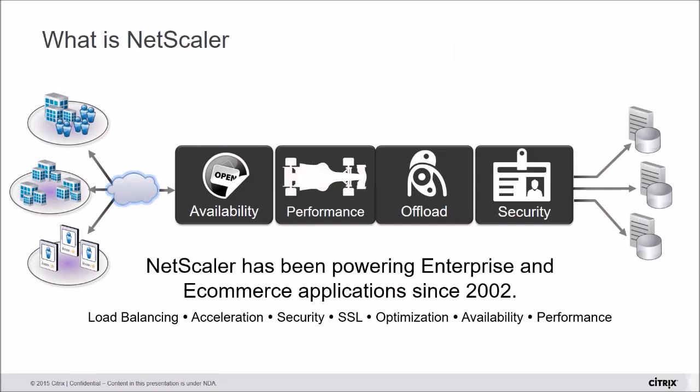Just briefly for those on the call who are not familiar with NetScaler, NetScaler has been around for over 14 years now, providing a range of features, not limited to, but including load balancing, application acceleration, a bunch of security features, SSL optimizations, high availability, and some key performance optimizations as well.